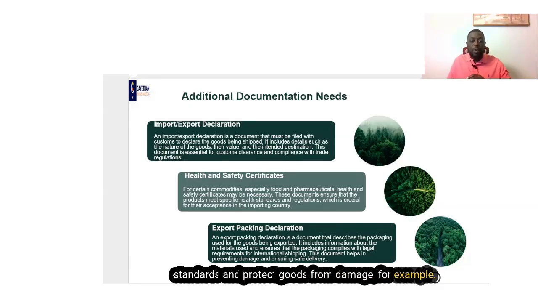For example, for cashew nuts, you might state packaging: 80 kg jute bags, number of bags: 500, container type: 20-foot container, safety measures: lined with food grade material to prevent contamination.